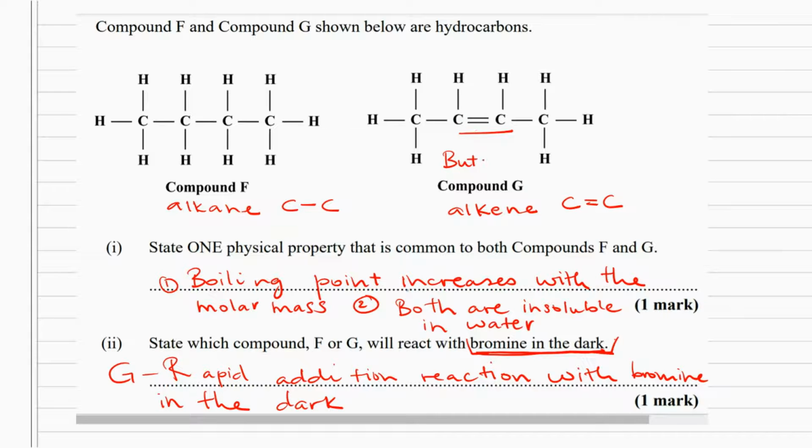The presence of a double bond means ene would be our suffix, and but would be our prefix. So we have butane, compound F, and butene, compound G.